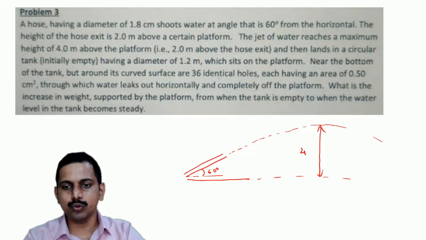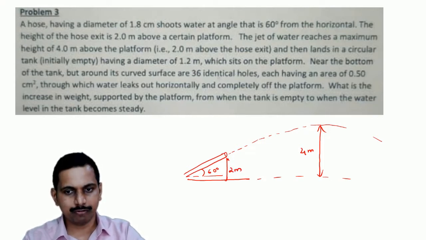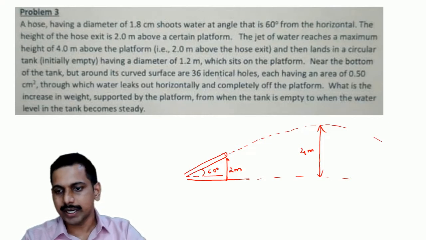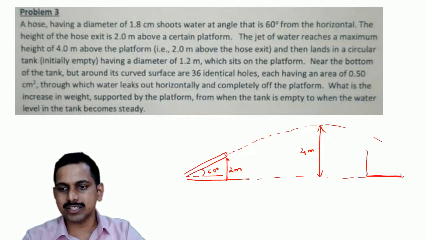This goes to 4 meter height, and the place where the water is exiting has a height of 2 meters. Fine. Next, it lands on another cylindrical vessel.